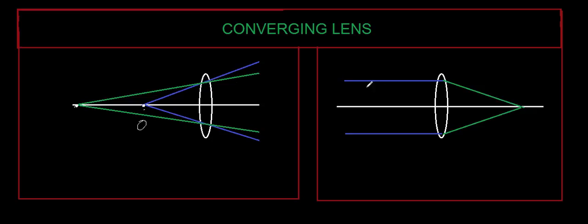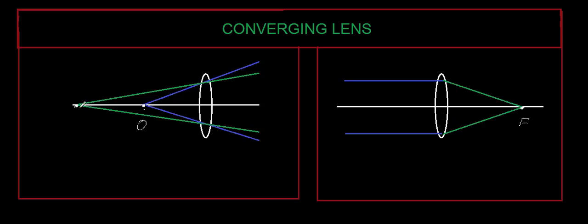If you consider parallel rays, they converge at point F. This is F, the focus of the convex lens. So parallel rays are converging at this point, therefore this lens is called a converging lens.